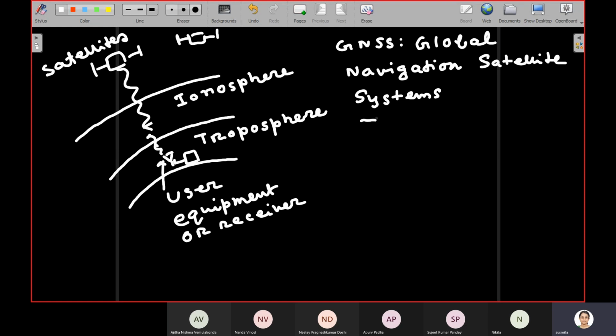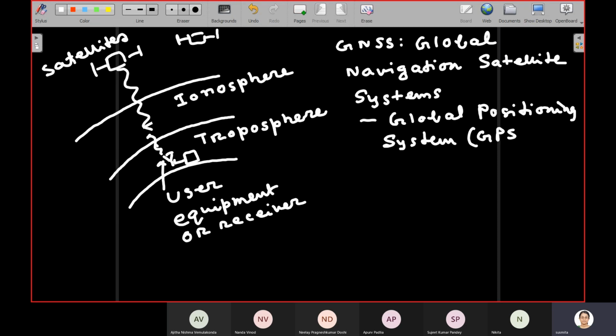The first GNSS system developed was GPS, Global Positioning System. This is fully operational, of the US.